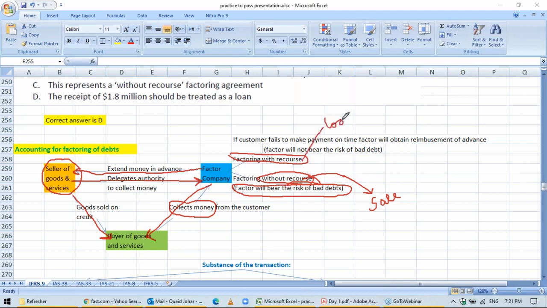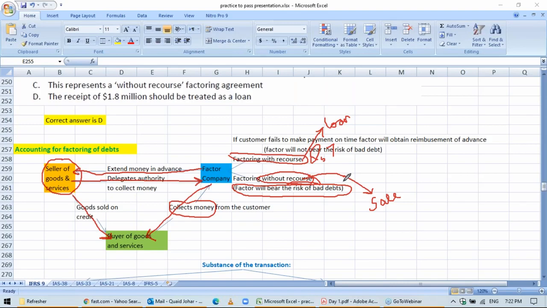So in question 7, they have covered this one, the with recourse factor. So if you find that the factor will take the money back from the seller if the factor fails to receive money from the customer, it means that he's not bearing the risk connected to the receivable. So if he is not bearing the risk, sale cannot be recognized by the seller, right? And in case of without recourse factor, the bad debts are to be borne by the factor, and obviously the delays are also to be borne by the factor himself.